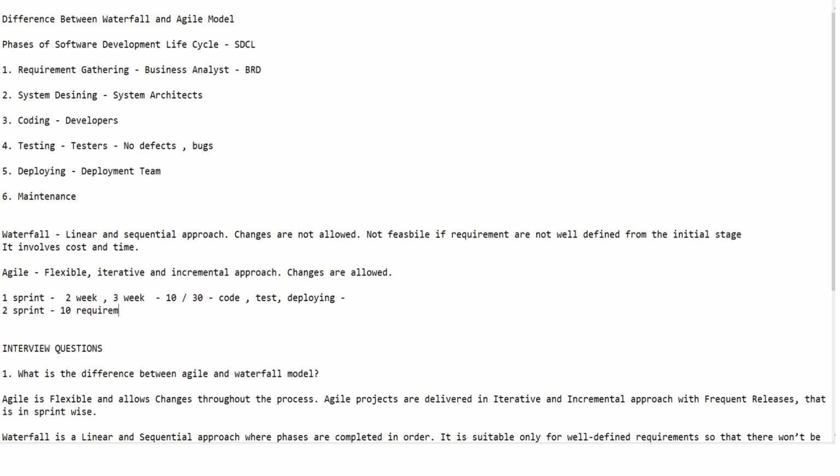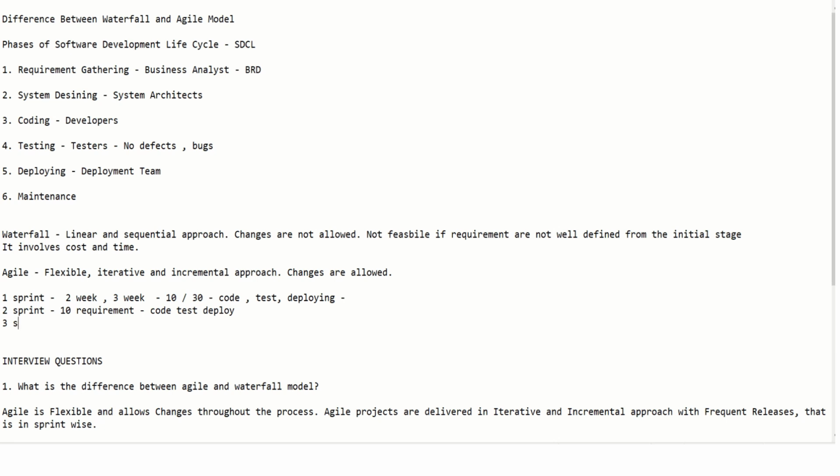Okay, now again we are going to code those requirements, we are going to test, we are going to deploy. After that, again in the third sprint, again we are selecting 10 requirements and the process is continuing, coding, testing, and deploying. So you can see we are repeating the cycle.